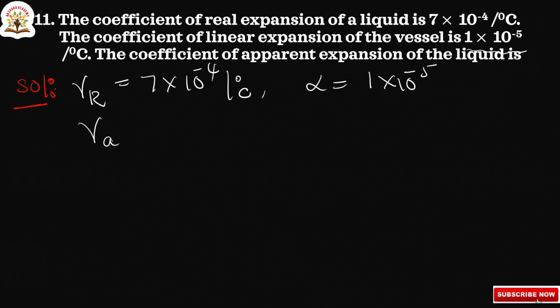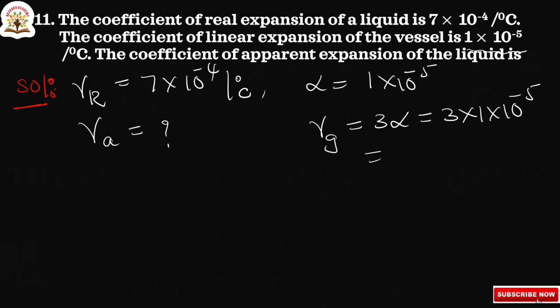Gamma A we have to calculate, and given gamma G is equal to 3 alpha, that is equal to 3 into 1 into 10 to the power of minus 5. So, it becomes 3 into 10 to the power of minus 5, that is equal to 0.3 into 10 to the power of minus 4 per degree centigrade.